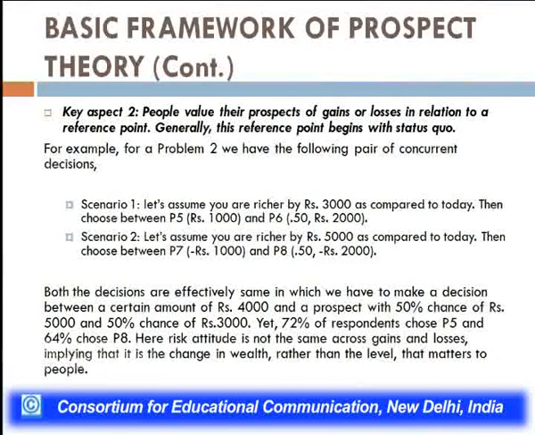Alternative P5 says that you will get a sure shot rupees 1000, and the P6 alternative is that there is a 50% chance of winning rupees 2000. Which one will you choose? You already have 3000 rupees and somebody says you will get one more 1000 rupees sure shot. Will you choose that, or option 6, which says you have a 50% chance of winning 2000 rupees?